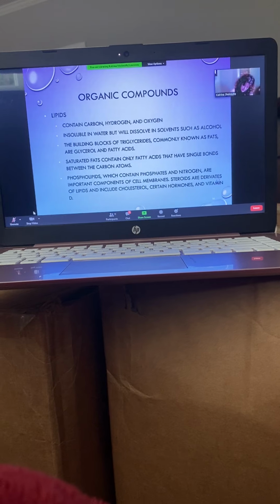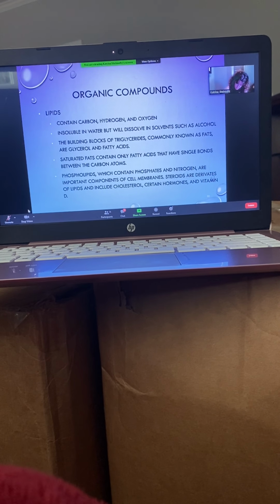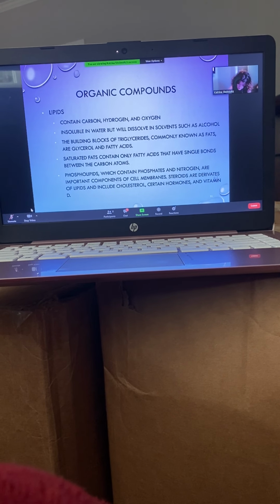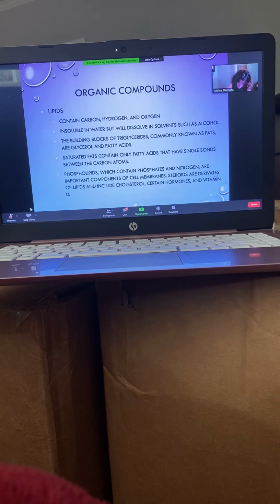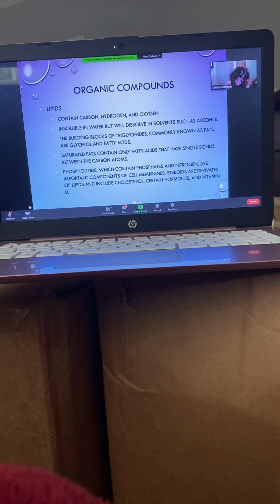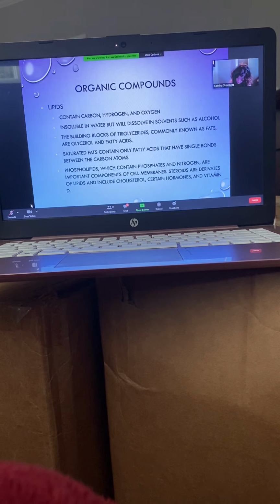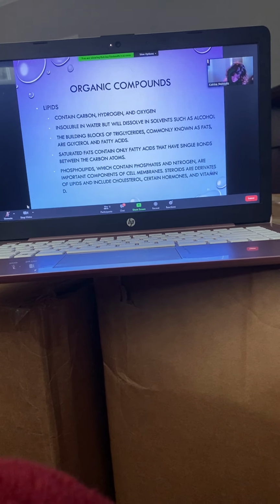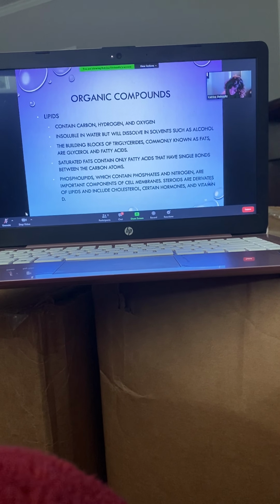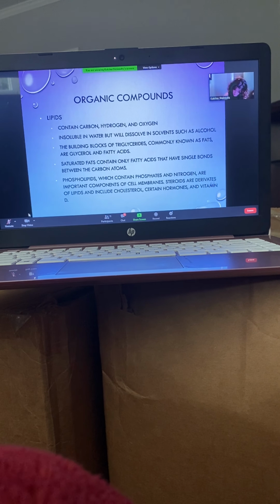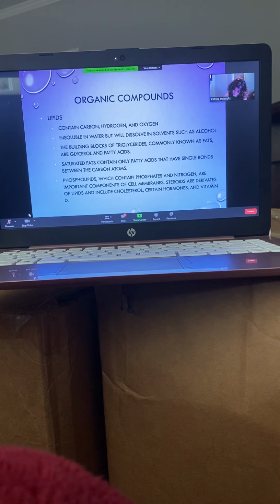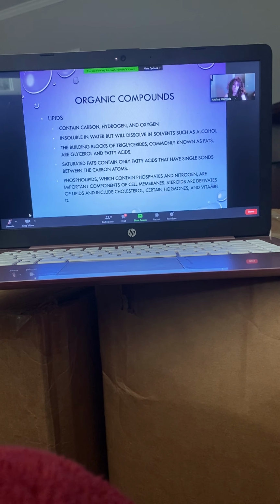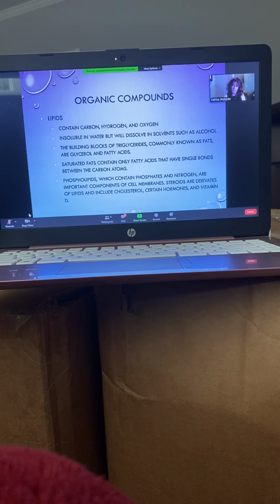But if you get an unsaturated fat, what you get is something like this. And so on and so forth. There you go.